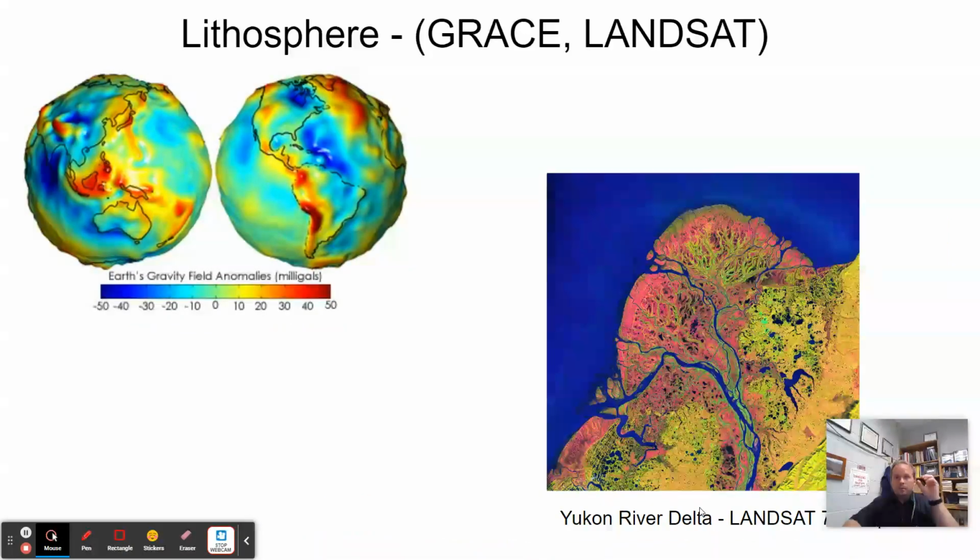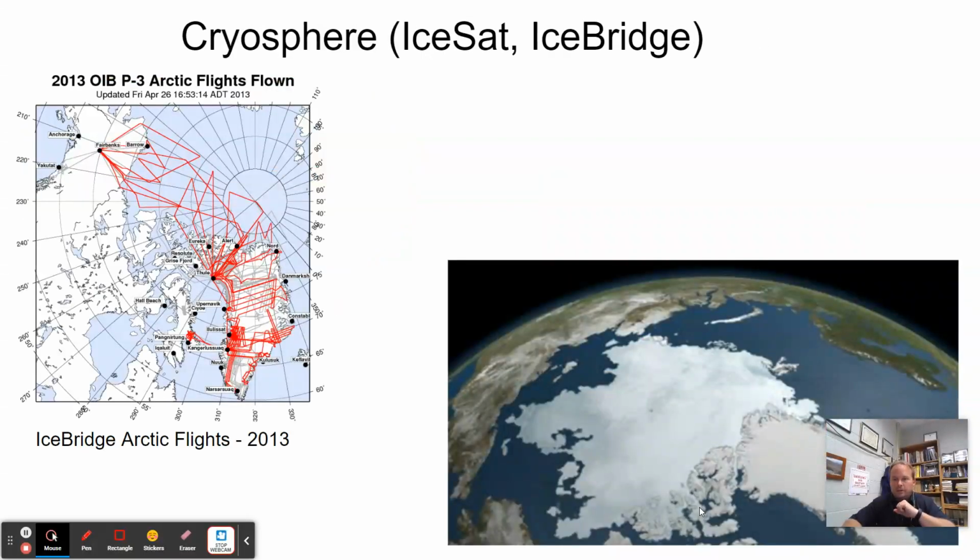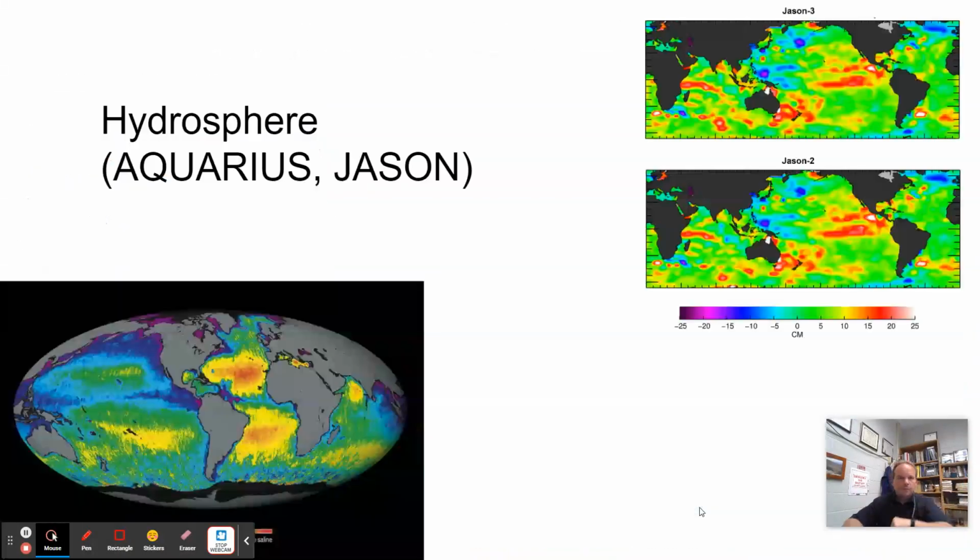All right, lithosphere missions. NASA is studying the solid Earth through missions like GRACE and Landsat, looking at mass distribution, geomorphology, and land cover. We're looking at sea ice and land ice from satellites, from space, and from planes. NASA's looking at the hydrosphere, salinity variation, sea level variation, among other things.